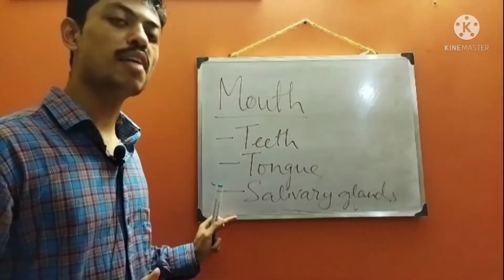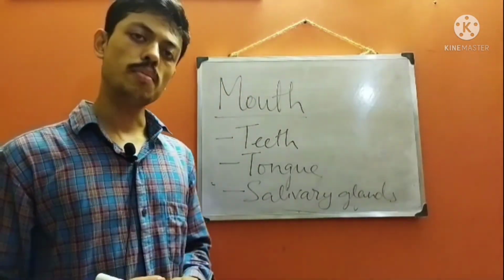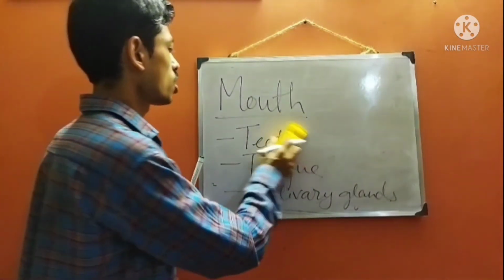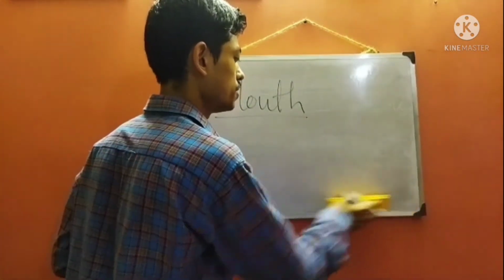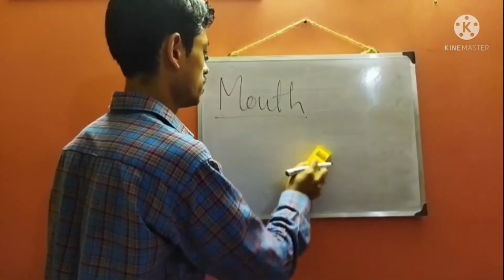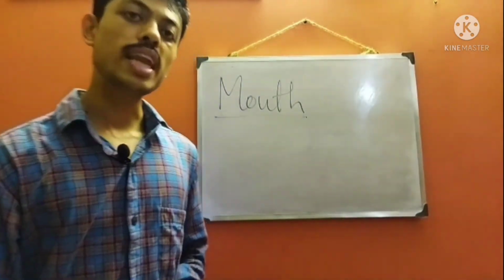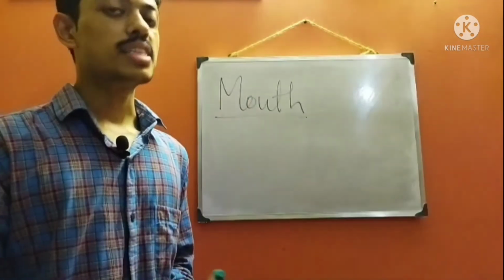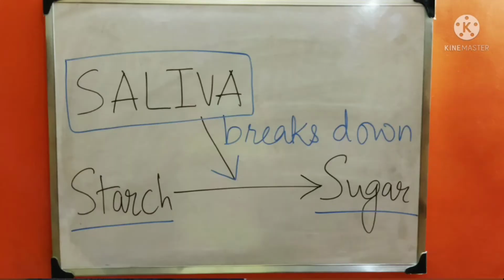Teeth, tongue and the salivary glands are the part of the mouth. What happens in the mouth? In the mouth, the salivary glands secrete saliva, which helps in the breakdown of starch into sugar. So here the digestion of carbohydrates begins.